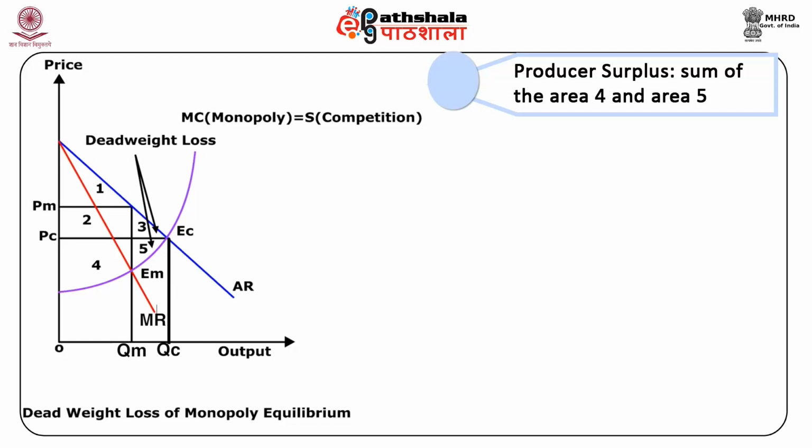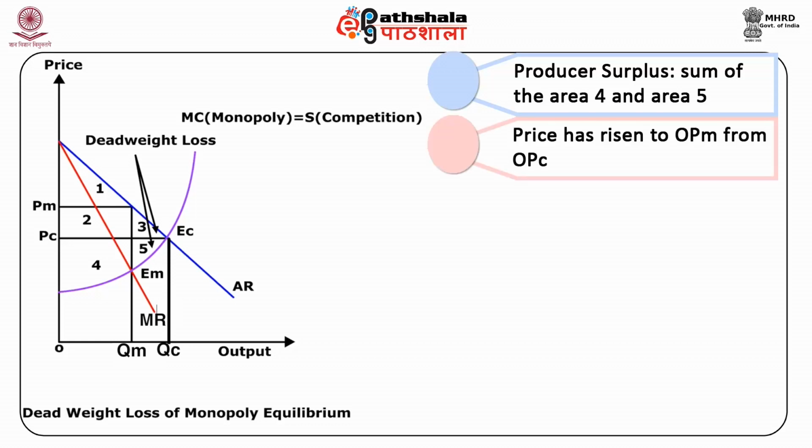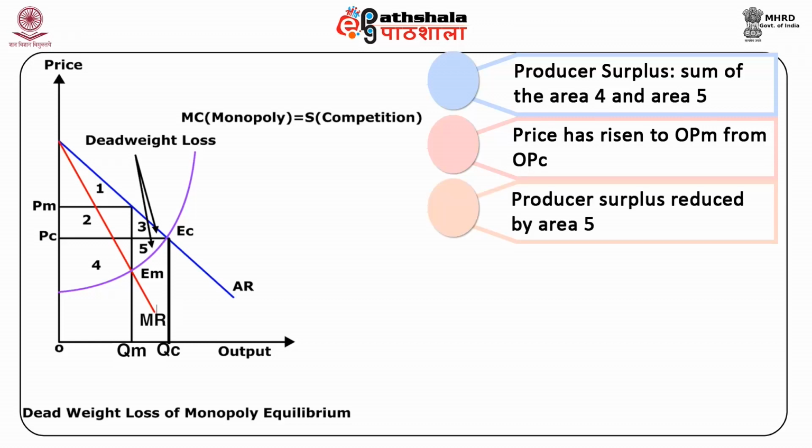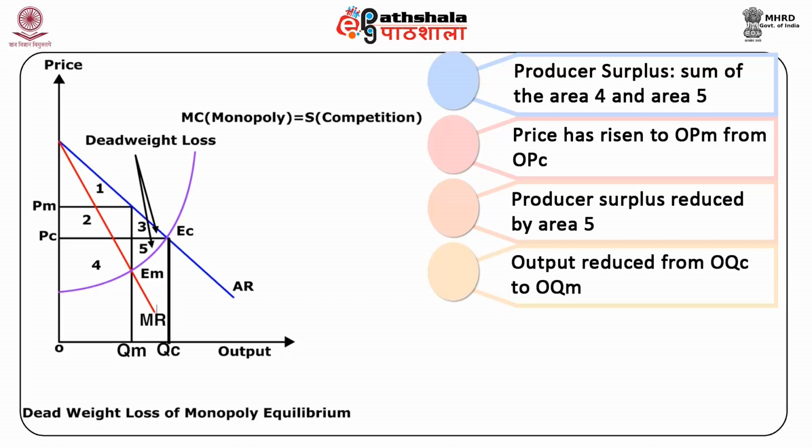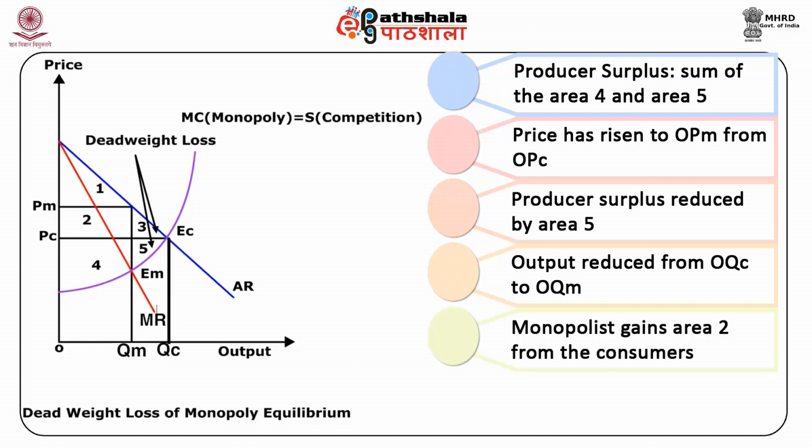Now, because of monopoly, price has risen to OPM from OPC and producer surplus is reduced by area 5 because output has been reduced from OQC to OQM, and the monopolist gains area 2 from the consumers because of the higher price.